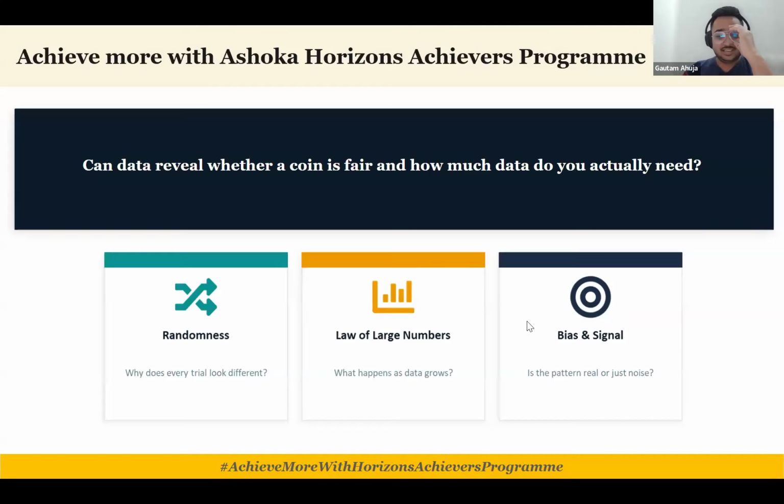Yes. So the three things that I'll actually cover in today's session are built around these three concepts of randomness, the law of large numbers, and then bias and signal. In randomness, we'll look at how flipping a coin, making one trial of a flip, and repeating it multiple times gets you closer to what the true probability of an event or a trial would look like.